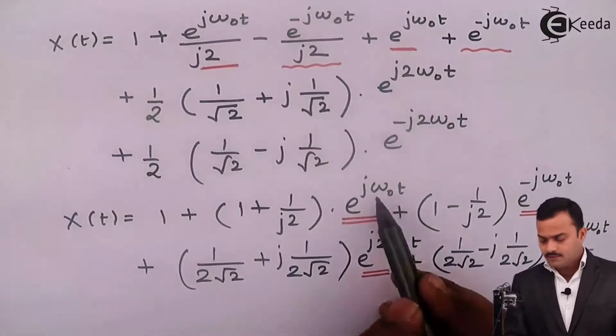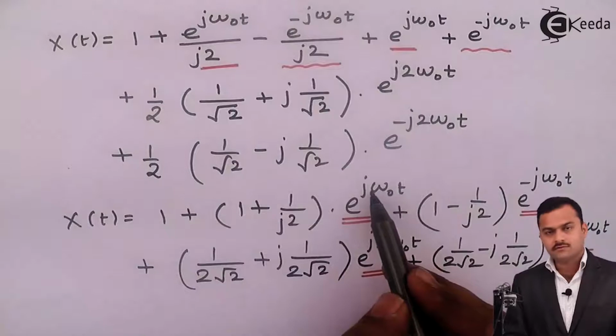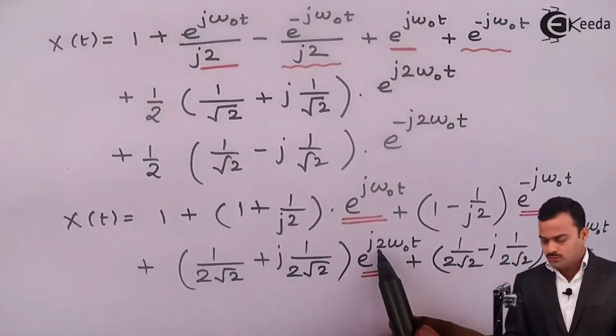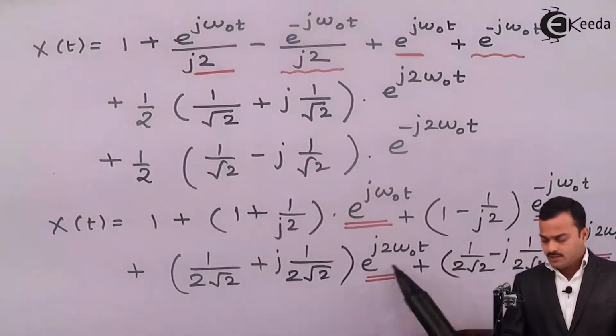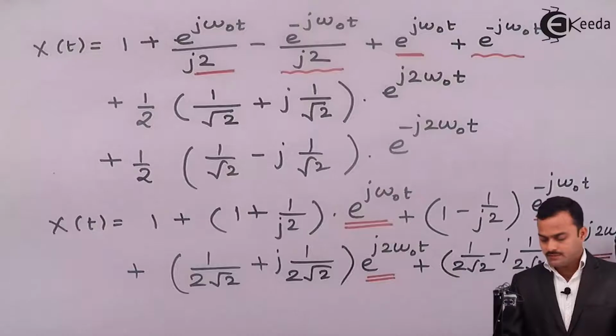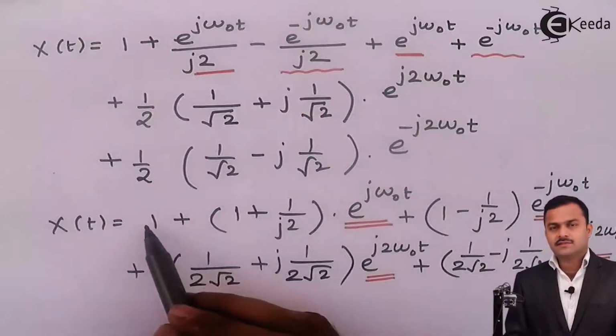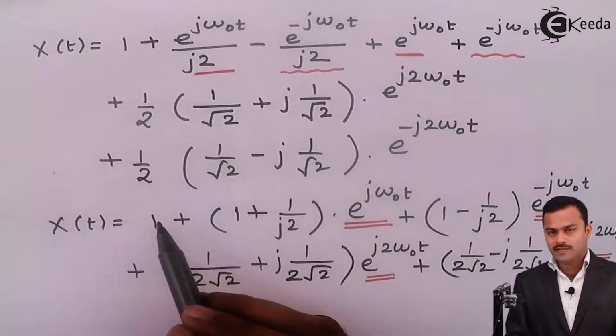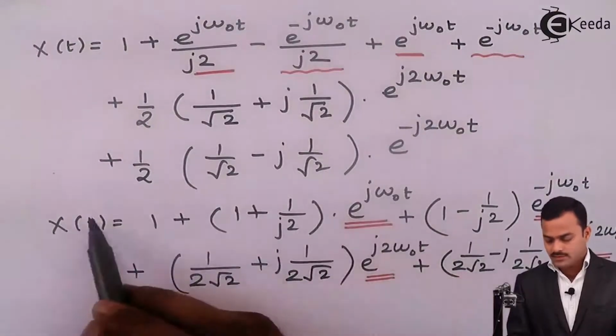Meaning here the multiple of the fundamental frequency is 1. Over here it is minus 1. Here 2 is the number which is getting multiplied with omega 0, whereas here it is minus 2. What about this? E raised to 0 is 1.